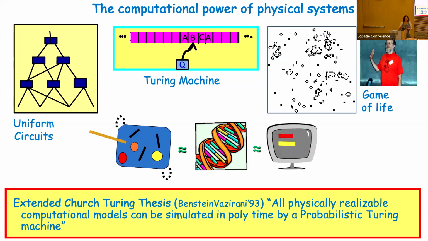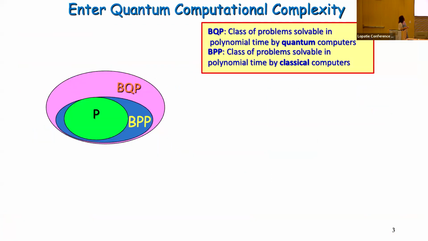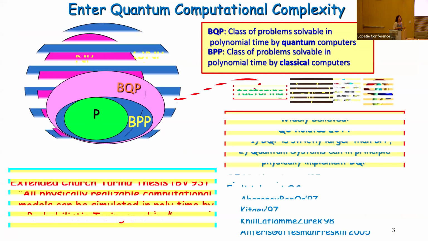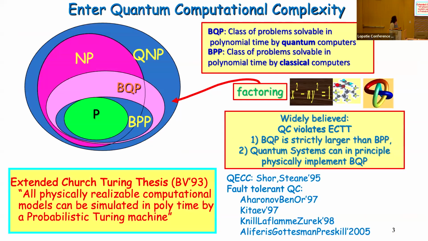Okay, enter quantum computation. Quantum computation is basically the only candidate that we know today that seems to violate, or promises to violate, this thesis. And it's widely believed that it violates the thesis for two reasons.